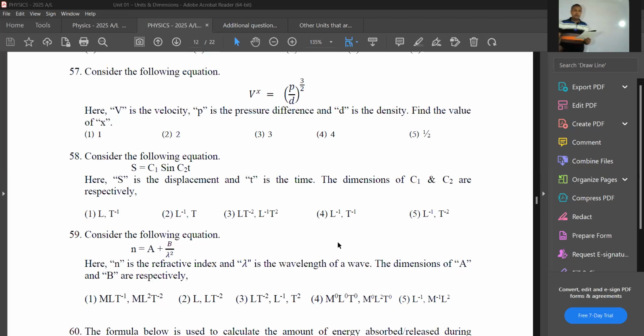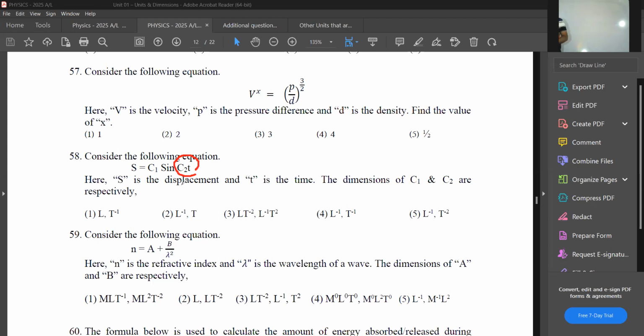Look at this. S equals C1 sin C2T. Here S is a displacement and T is a time. The dimensions of C1 and C2 are respectively... You can clearly see this one, no?